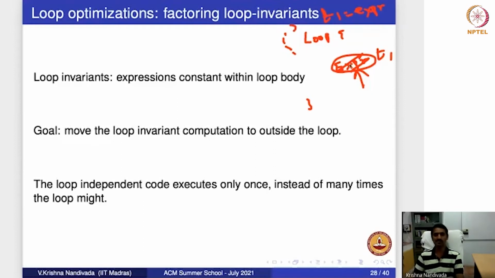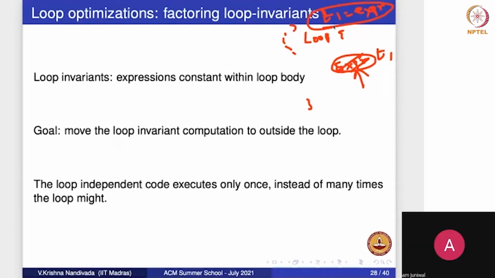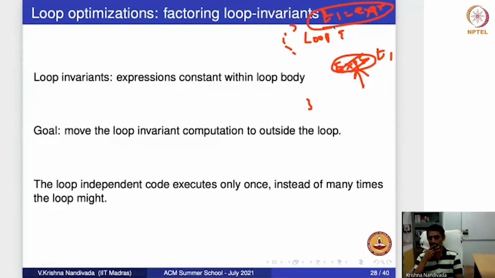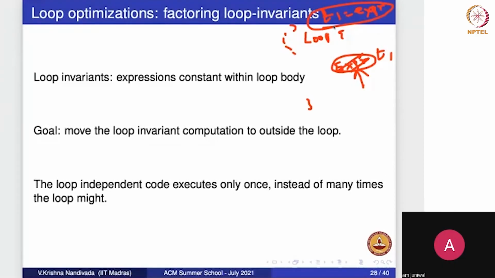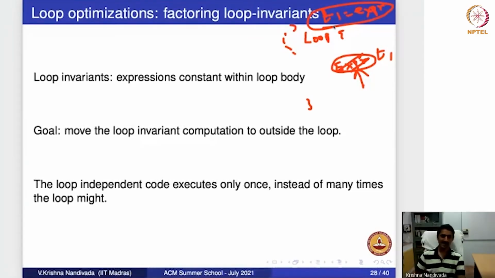Once I do this transformation where the expression is moved out, how many times am I evaluating it? Once. So which is more efficient? When we are moving out the expression. Correct. So the loop independent code here executes only once.